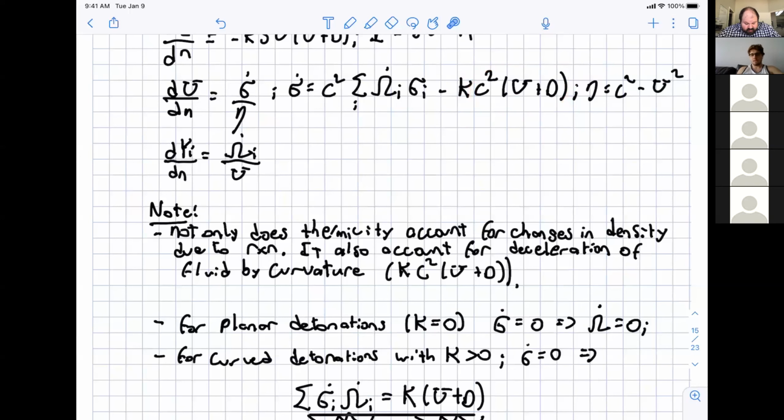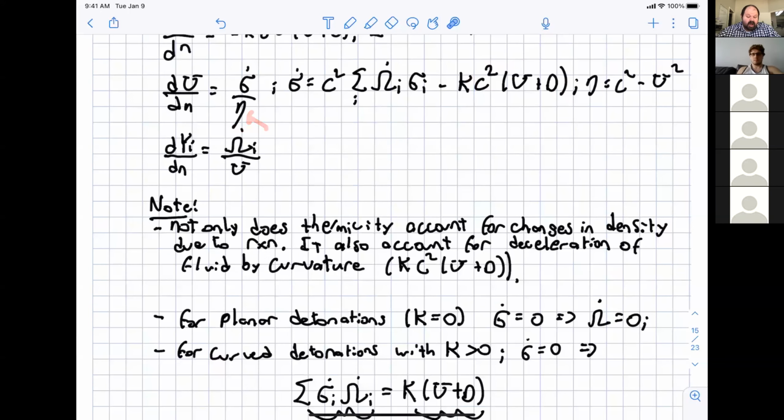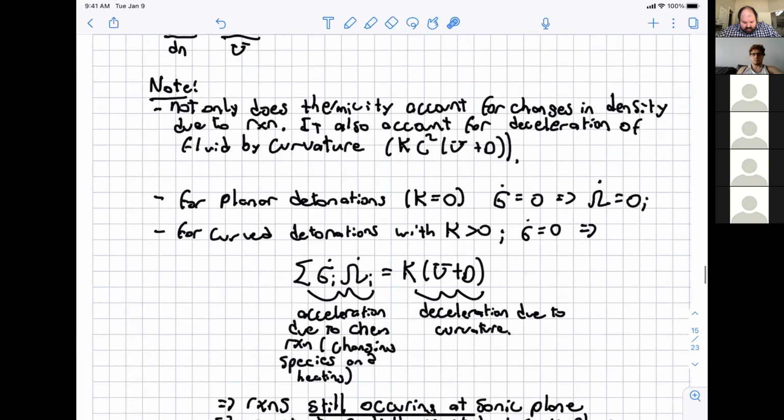But for curved detonations with kappa greater than 0, if we demand that sigma dot and eta approach 0 at the same time, to avoid the solution from blowing up, we require that the net thermicity induced by the acceleration by the chemical reactions is balanced by the curvature term exactly.